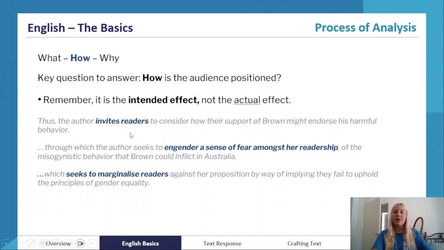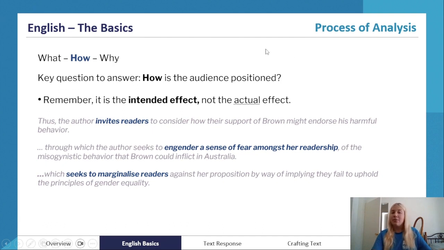So you need a lot of vocabulary for intended effect, because you shouldn't be saying the intended effect is, okay? So using words like aims to, invites, we see some great ones, seeks to, elicits feelings of.